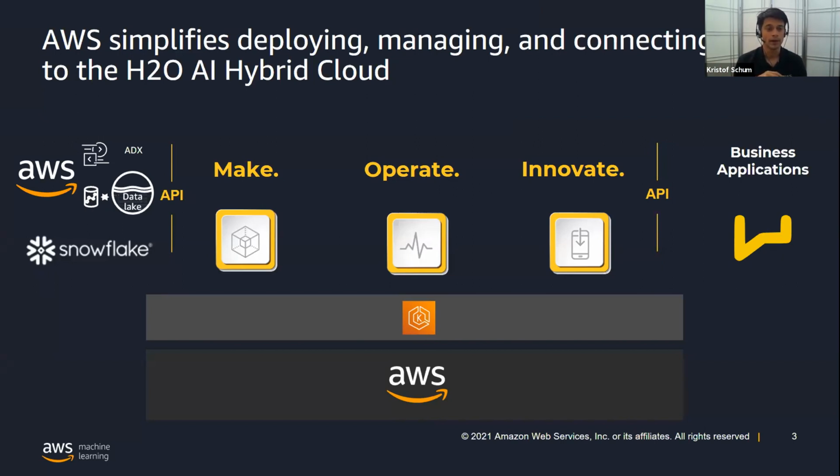And with AWS's data lake and lakehouse architecture, customers can build a modern data architecture that they can tap into with H2O, as well as ADX, the AWS Data Exchange, where if they need additional accuracy, they can reach out and enrich the data on which they train their models.